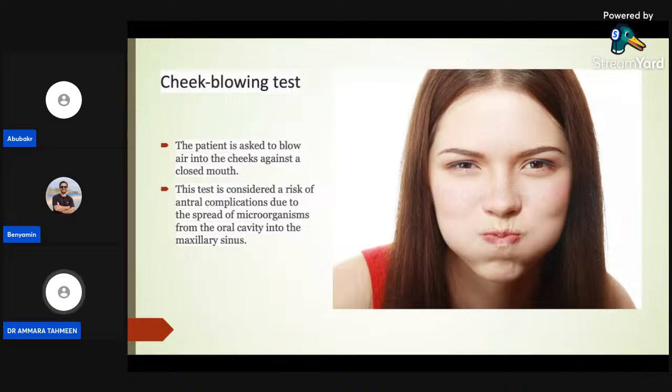But this test is considered risky due to the spread of microorganisms from the oral cavity into the maxillary sinus. Due to the transport of the oral cavity fluids through the saliva, they might enter due to the blowing of the cheeks with the air. It is possible that your saliva enters into the maxillary sinus through the communication, if there is a communication present.